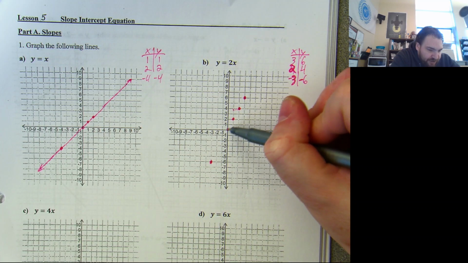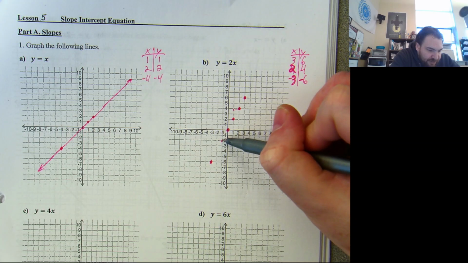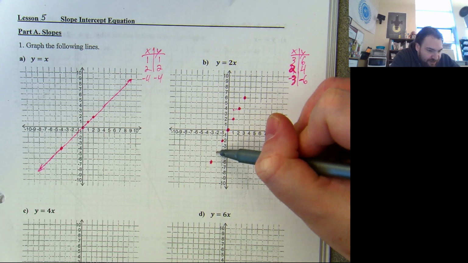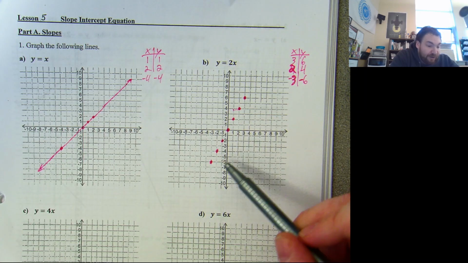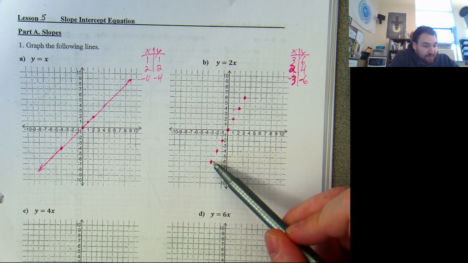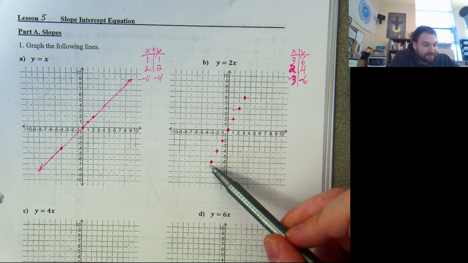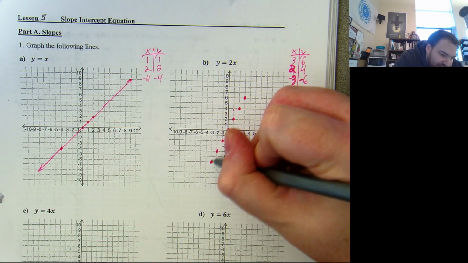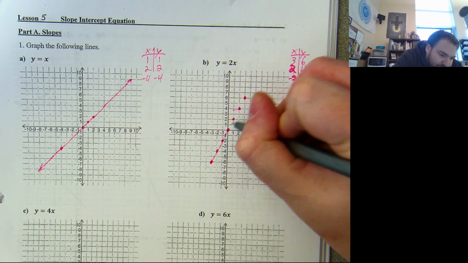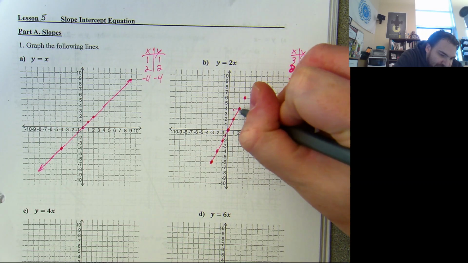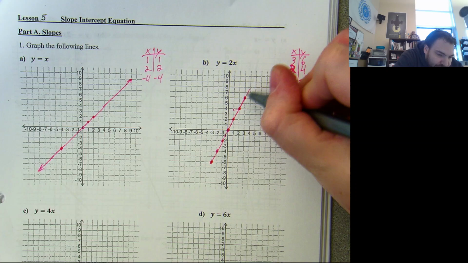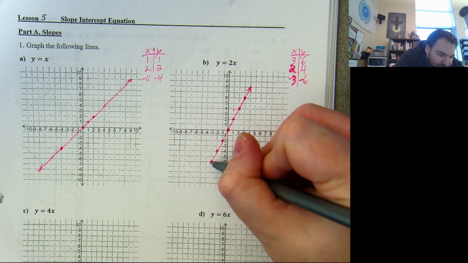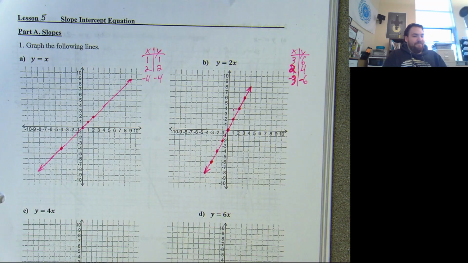Left 1, down 2, and now we're at the dot we had before. And now we can connect all those dots. It's linear, so there's a pattern. And this is going to go forever in either direction. Interesting.